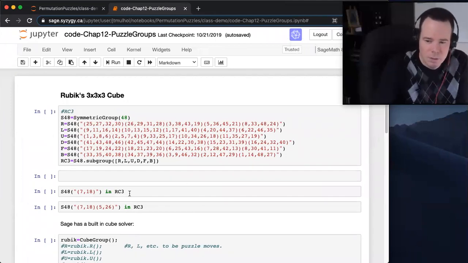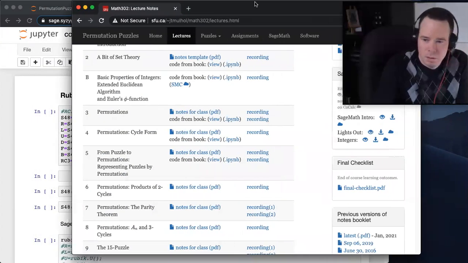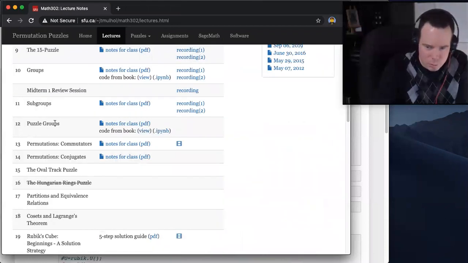If you want access to any of the Sage sheets that I do in class, just look up our course website, here we go. Let me bring it over so you can see. Under our lecture schedule, if I scroll down, puzzle groups, you can see the code from the book.